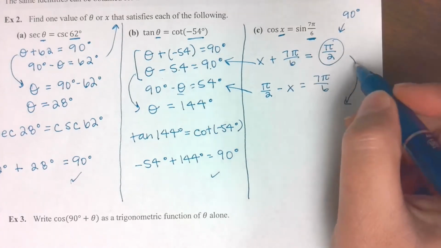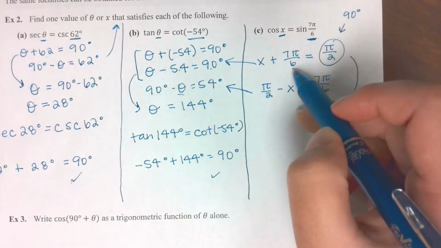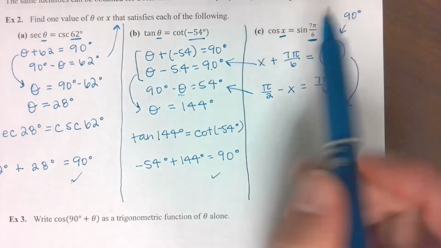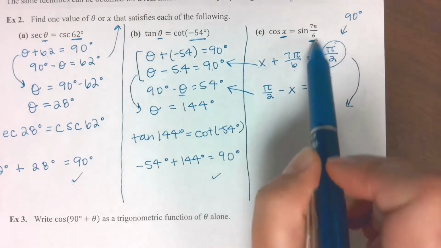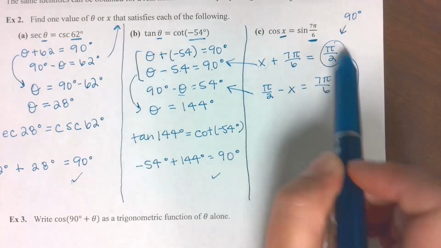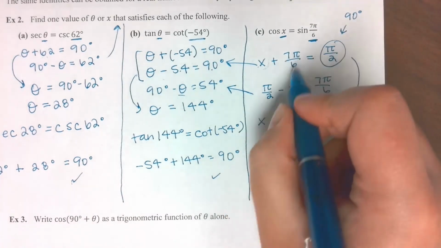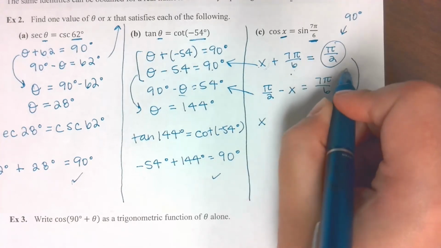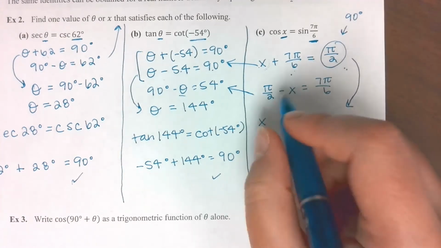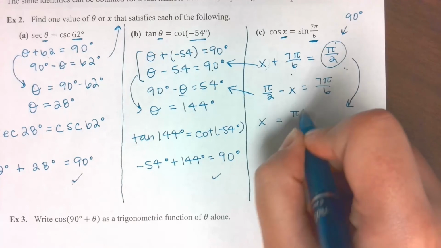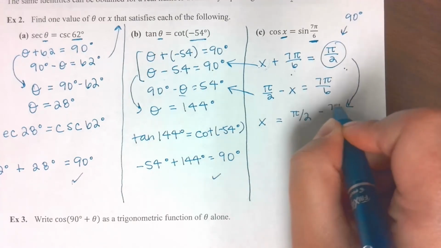I'm going to use the top one: x plus 7 pi over 6 equals pi over 2. It's just saying this angle plus this angle equals pi over 2, which is 90 degrees. So we subtract 7 pi over 6 on both sides, giving pi over 2 minus 7 pi over 6.